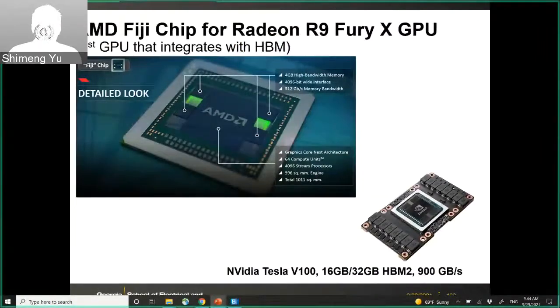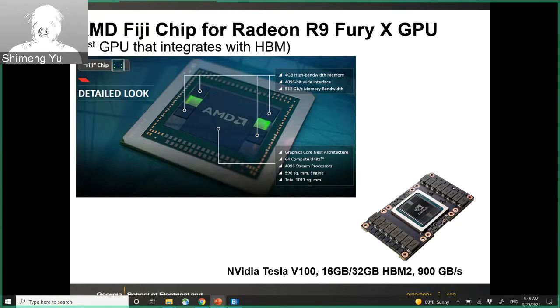So the HBM was first introduced by AMD for the product of the so-called Fiji chip. This is a GPU, and this is the first GPU that integrates HBM. This was a few years back, maybe around 2016 or 17.